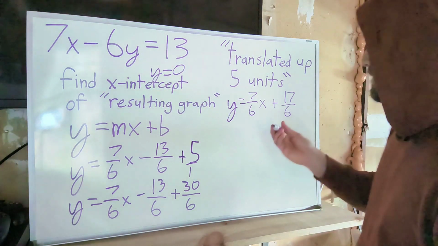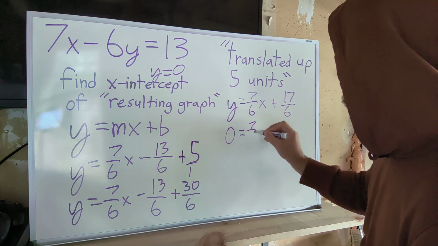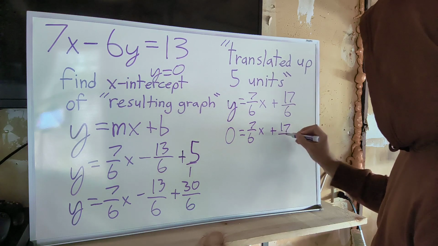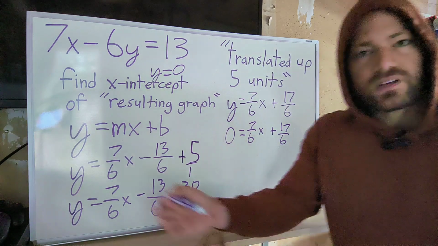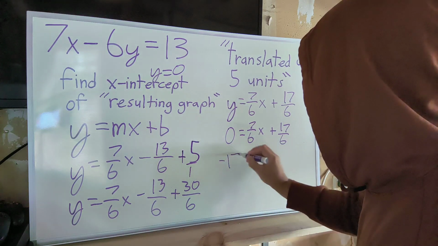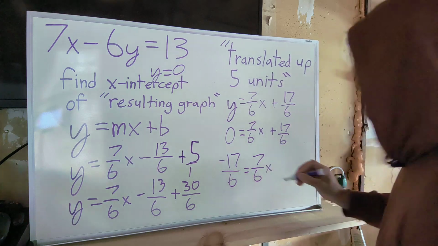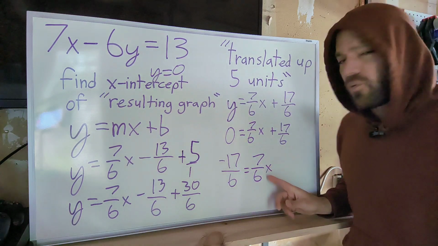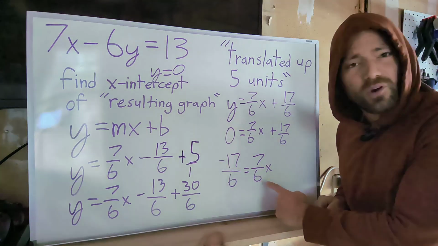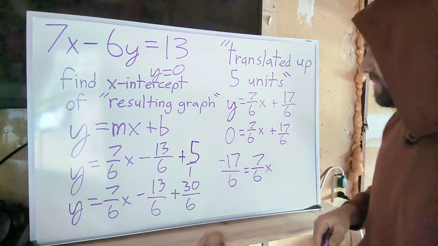X-intercept means y equals 0. So I'm going to replace the y with 0 over here. 0 equals 7/6 x plus 17 over 6. And now I just got to solve for x. I'm going to subtract the 17 over 6 over and get negative 17 over 6 equals 7 over 6 x. Now, to get x by itself, what we could do is multiply both sides by the reciprocal of this fraction, right? I could multiply both sides by 6 over 7, and that'd be fine.